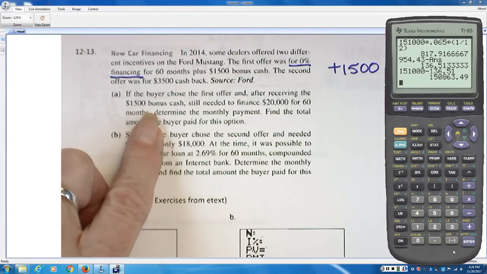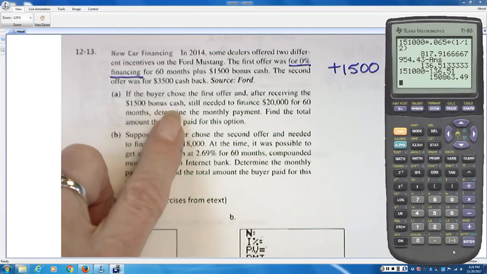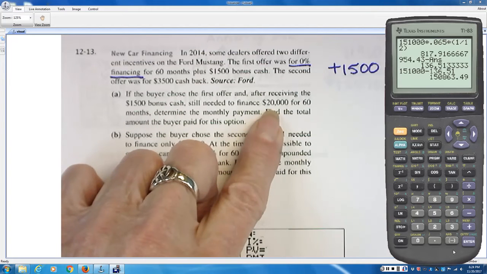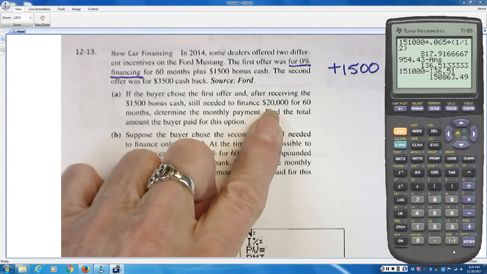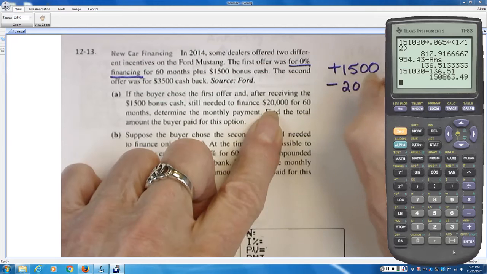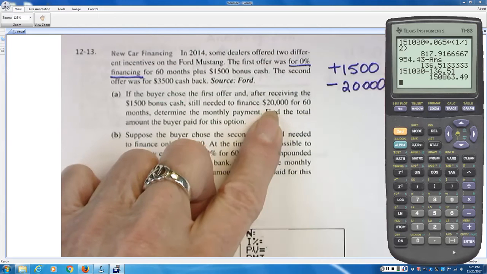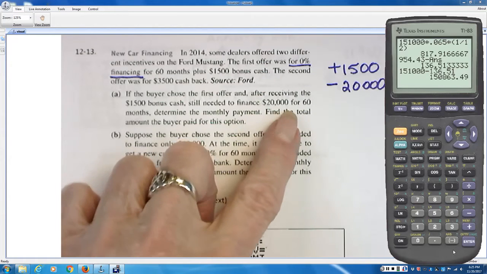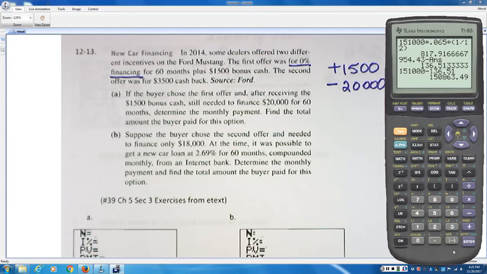But then you're going to have to pay back the car. So the buyer chose the first option, got the $1,500, but he needed to finance $20,000, which is outflow, money he paid out for the car. Now, he paid back exactly $20,000, because there was no interest.